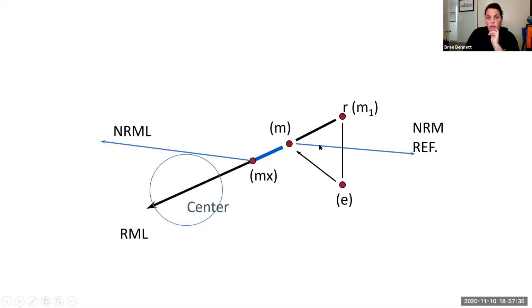This is my new R relative motion line. So my R is going to be somewhere along this line. If I want to maintain my speed, I keep that distance on my dividers, and I basically swing an arc to see where it crosses my relative motion line, and I mark that as my R prime. So now my E to R prime is my new course. That is my new course that I am going to be changing to.